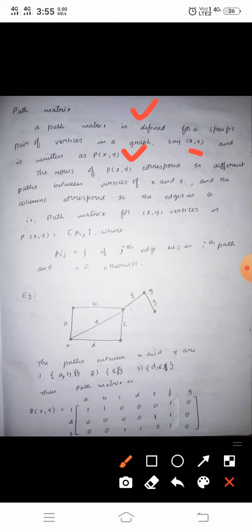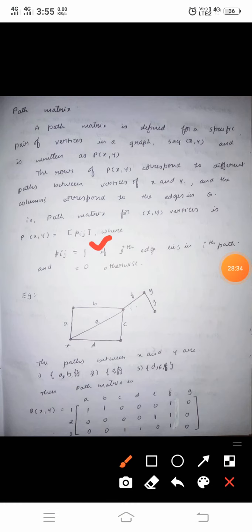And columns correspond to the edges, E1, E2, E3, like that. That is the path matrix for x, y vertices. P of x, y has entries Pij. Pij equals 1 if the jth edge lies in the ith path.